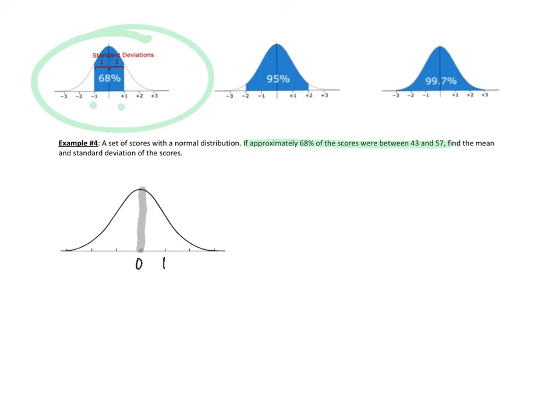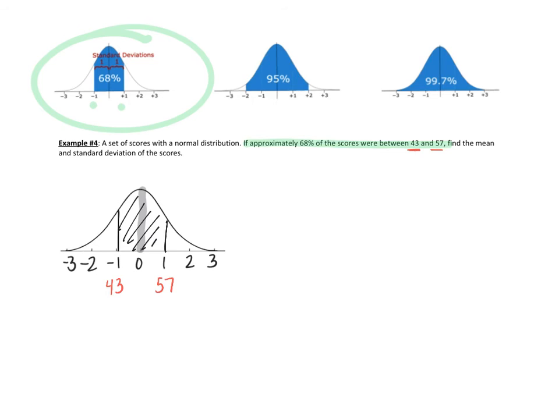So this is 0, 1, 2, and 3, -1, -2, and -3. I want to be in between 1 and -1 because that's 68% of the scores. So 1 and -1 would be all of this in between here. And they tell you that the heights, or scores, are from 43 to 57. So 43 goes in the lower half and 57 goes in the upper half.